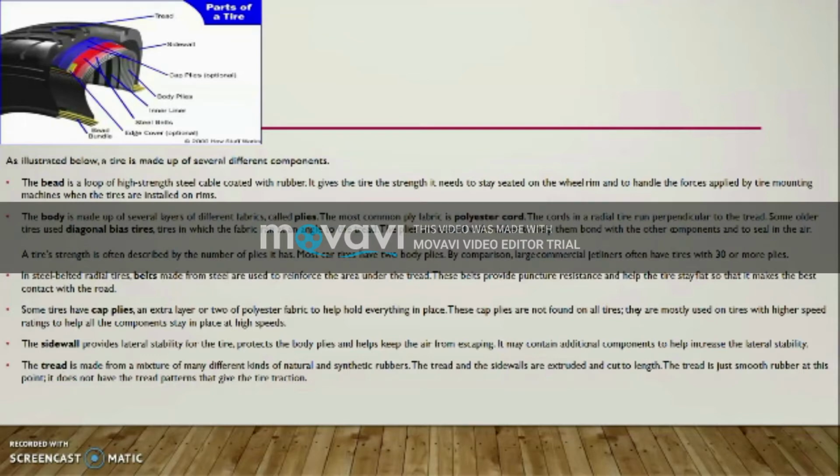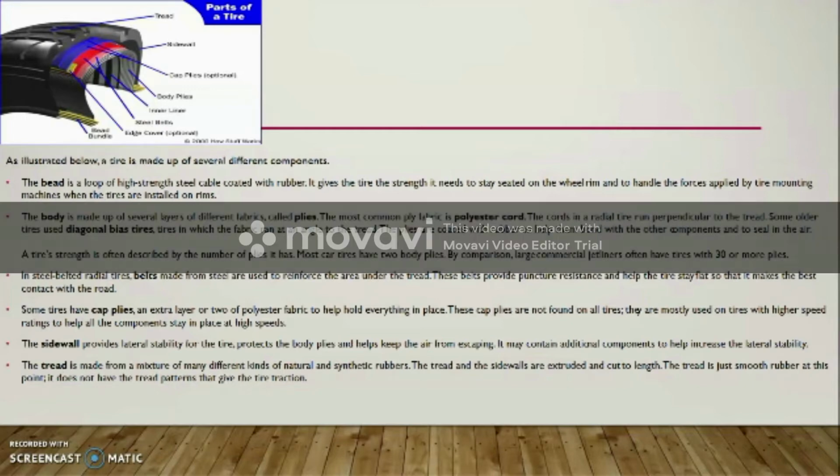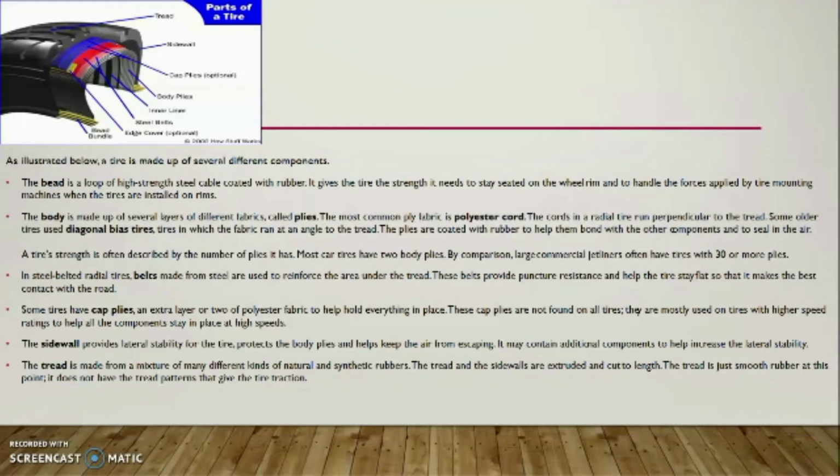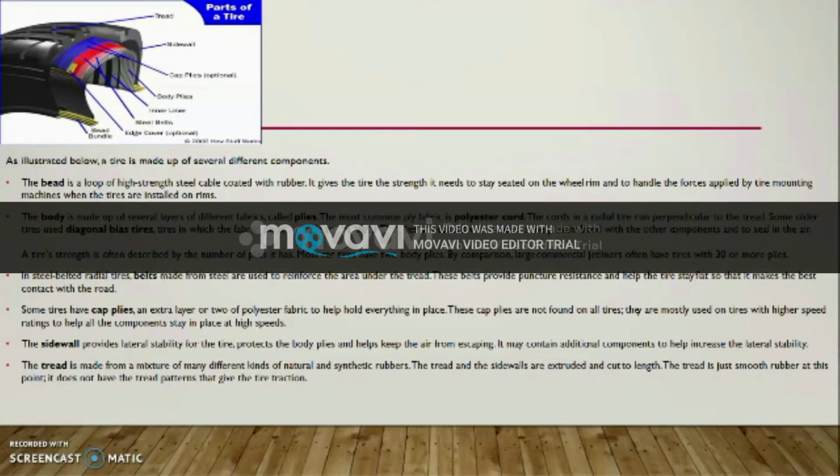The body is made up of several layers of different fabrics, which we call plies. The most common ply fabric is polyester cord. The cords in a radial tire run perpendicular to the tread. Some tires use diagonal bias construction, in which the fabric runs at an angle to the tread.